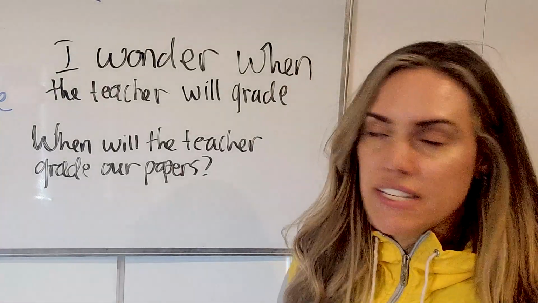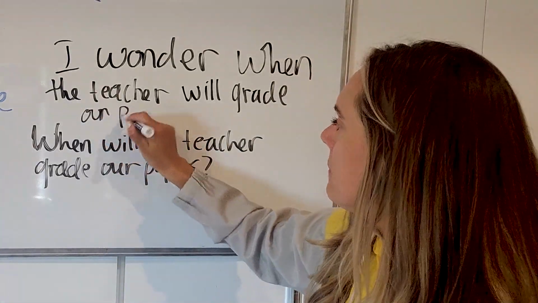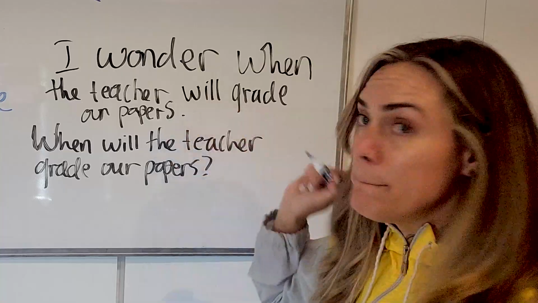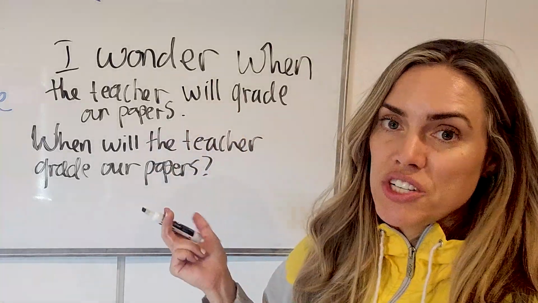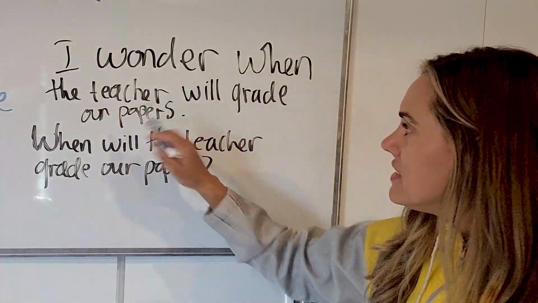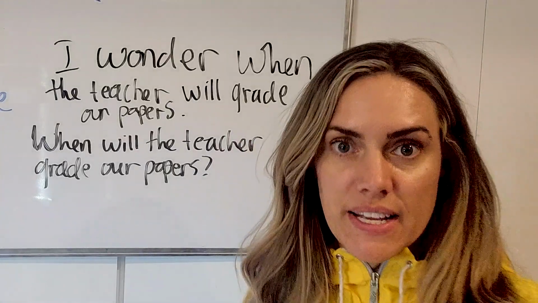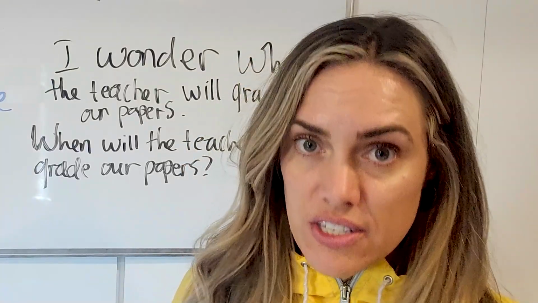And then finish the sentence. Period. No question mark, because it's not a question. I wonder when the teacher will grade our papers. That's a sentence with a noun clause in it, but it acts sort of as a question too.